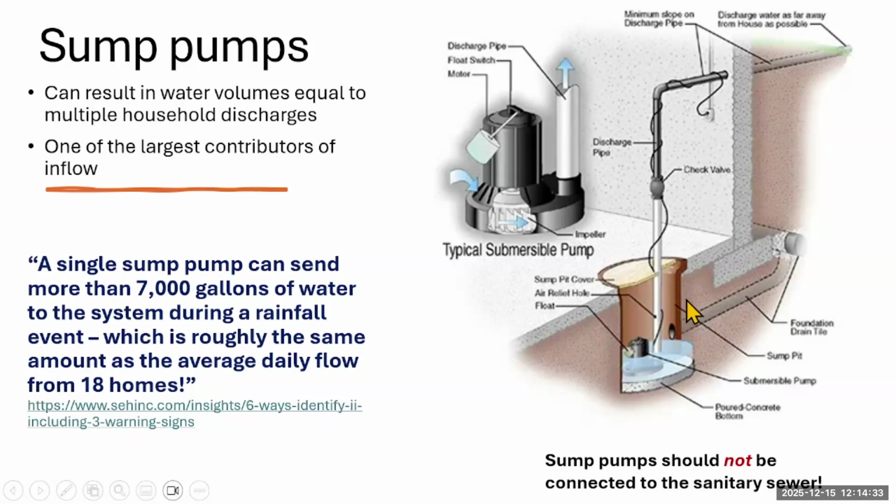We've got a little sump here to collect the water, and we've got a pump in here, and that pumps it out. And ideally, this goes out either to a storm sewer or out on the ground, or potentially underground if it's feasible for the location, but it shouldn't go to the sanitary sewer.